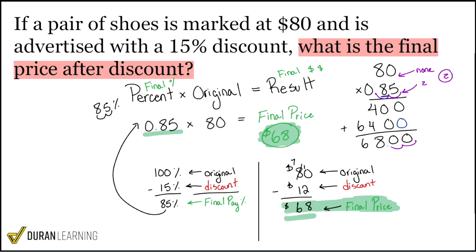So if I want the final price after the discount, you can use the final percent after the discount. It's all about that main idea. The percent you apply is the result that you get. Who here is feeling more confident than they were before the first example?